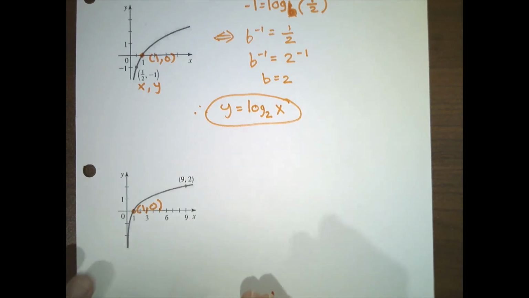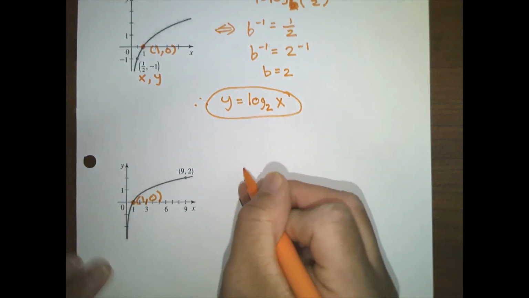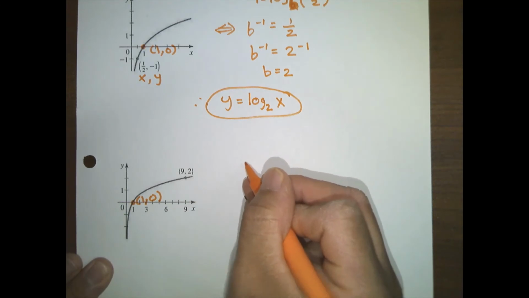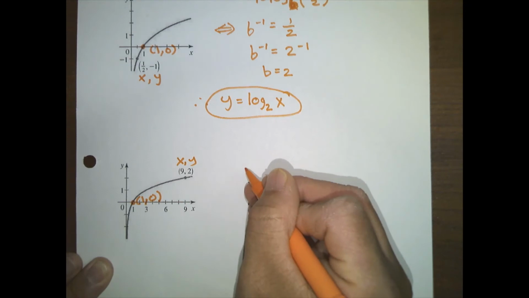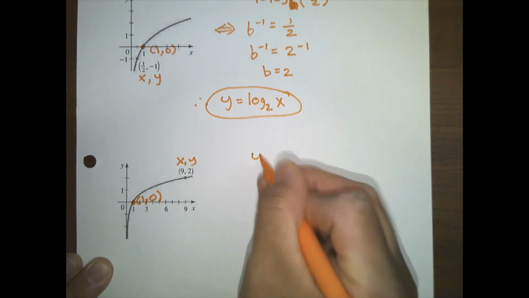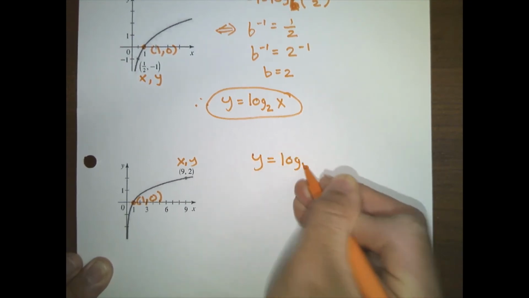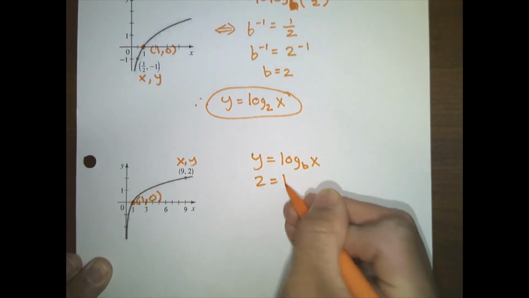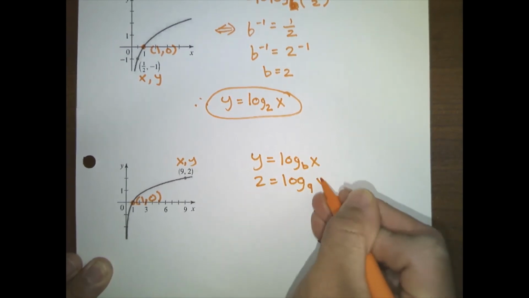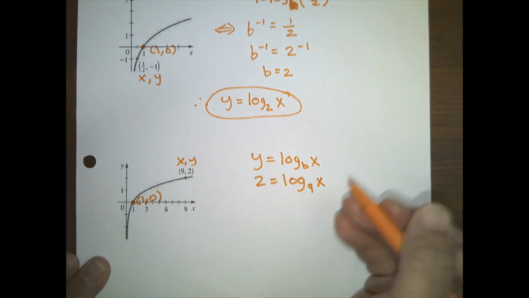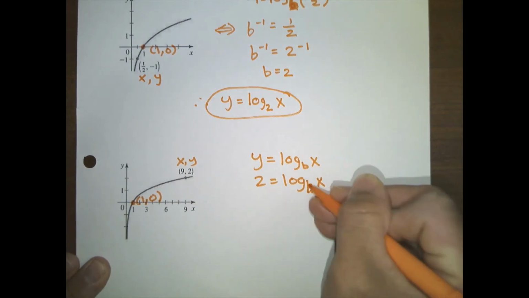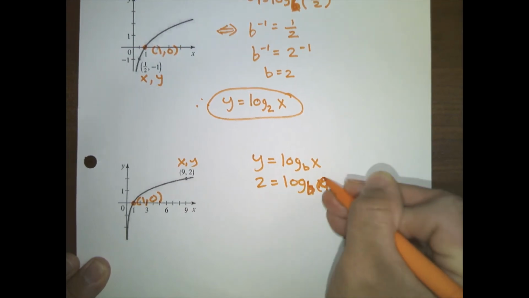Here is another one. We have a point at (9, 2), so that's x, y. We have y equals log base b of x, so 2 is log base b of 9.